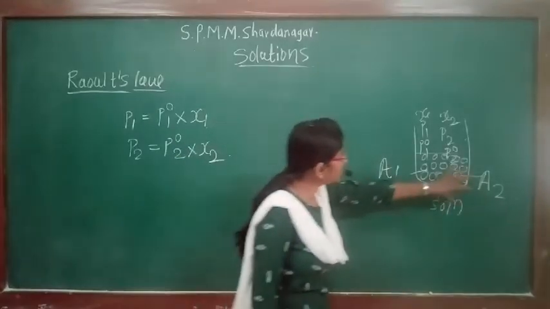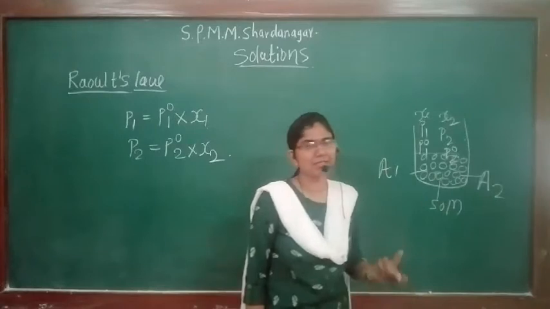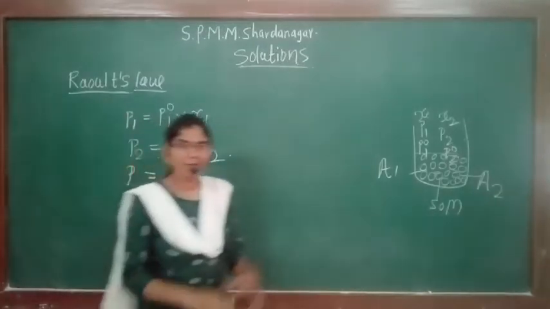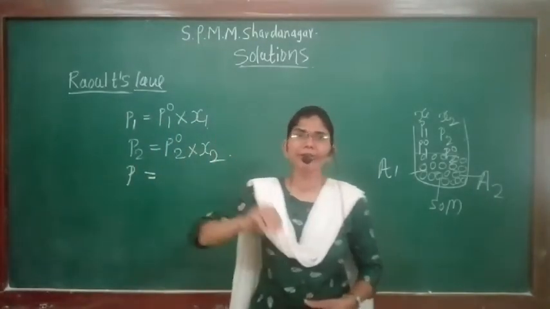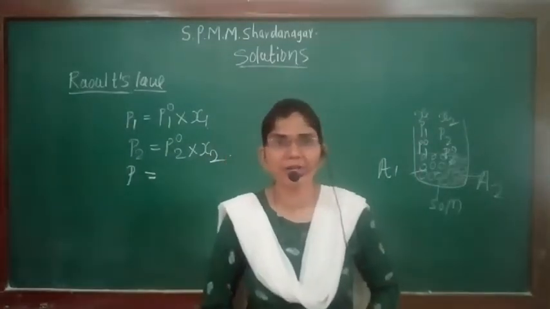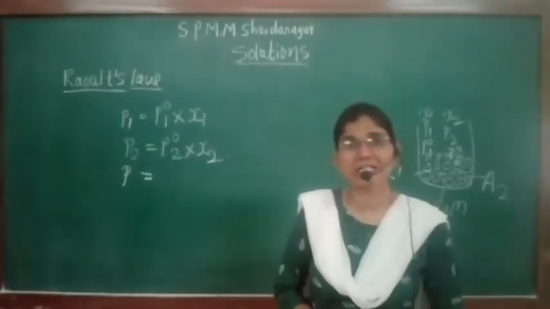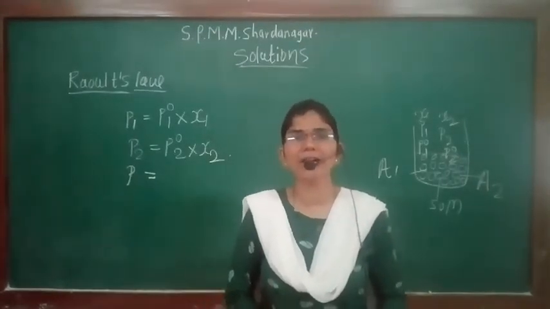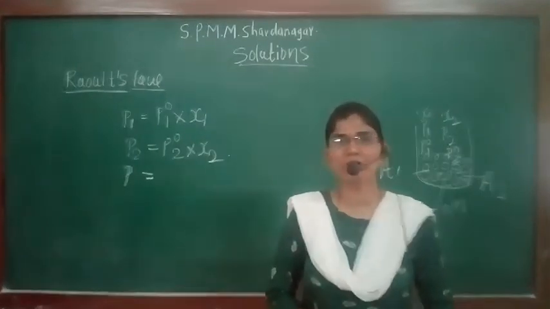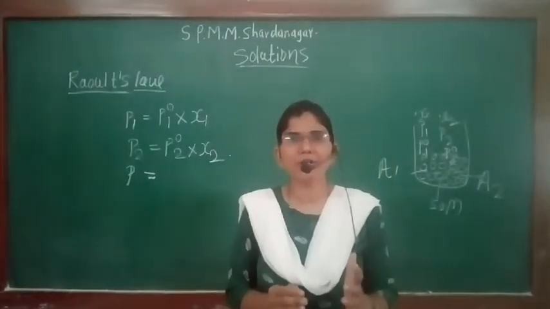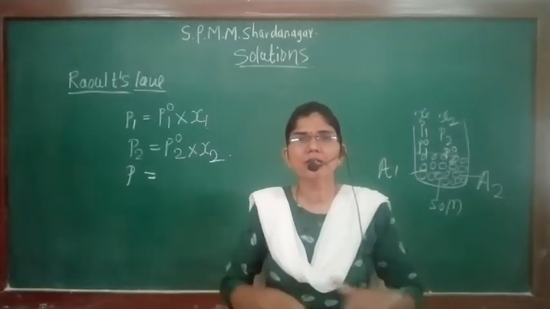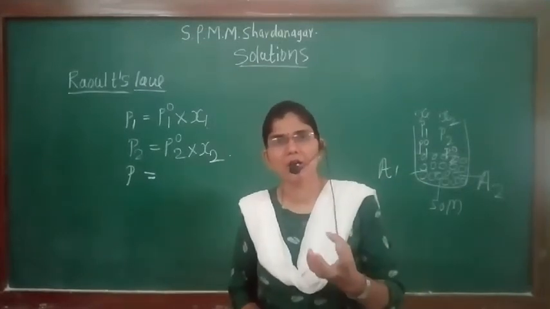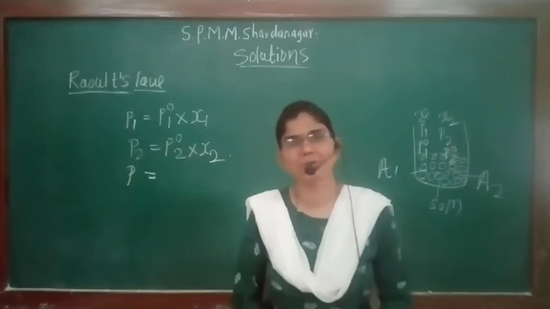But if we consider this solution having two volatile liquids, then what is the total pressure? According to Dalton's law of partial pressure from our 11th standard topic, states of matter, the total pressure of a solution is equal to the sum of the partial pressures of each component of that solution.